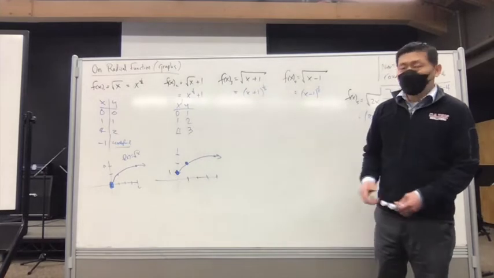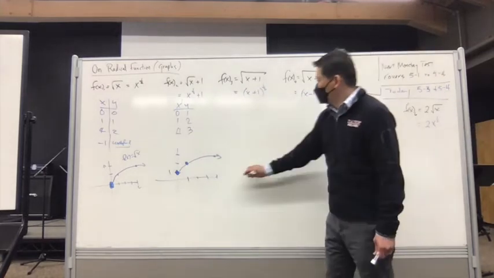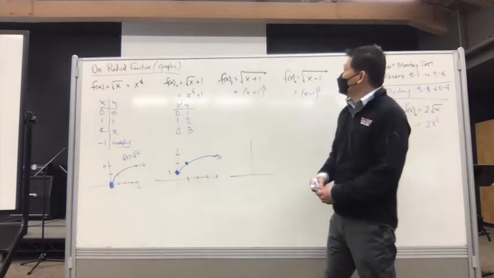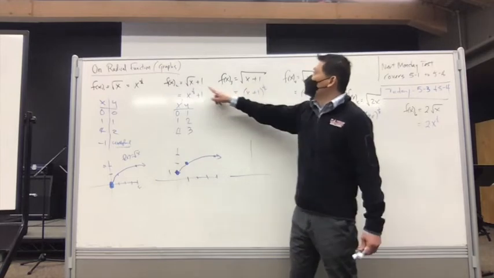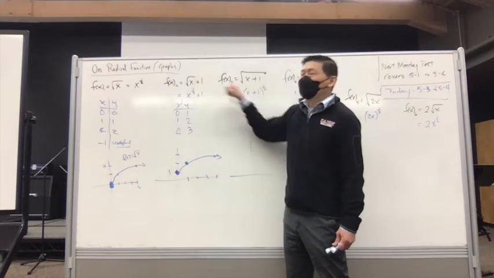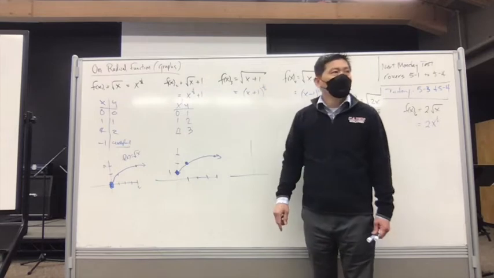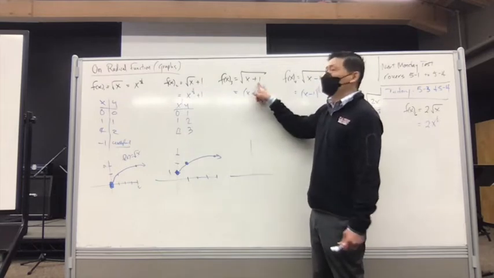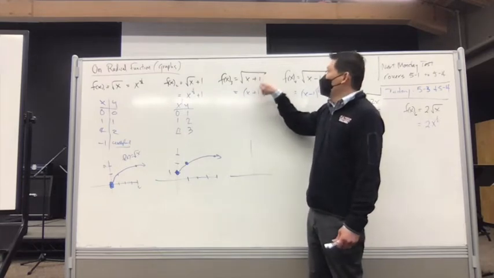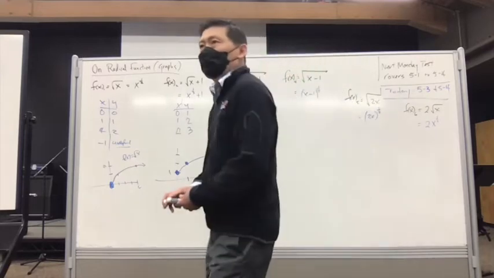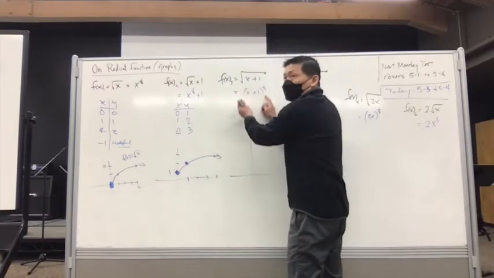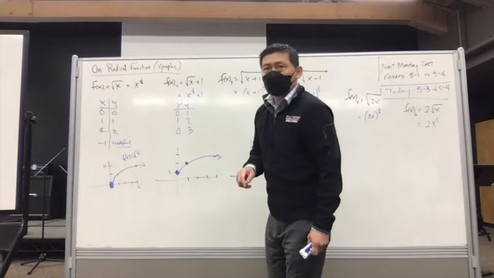Okay, that makes sense. So the question here is, what will happen if this plus 1, instead of being outside the root, goes inside the root? What will happen when this plus 1 goes underneath that root, or inside the 1/2 exponent?